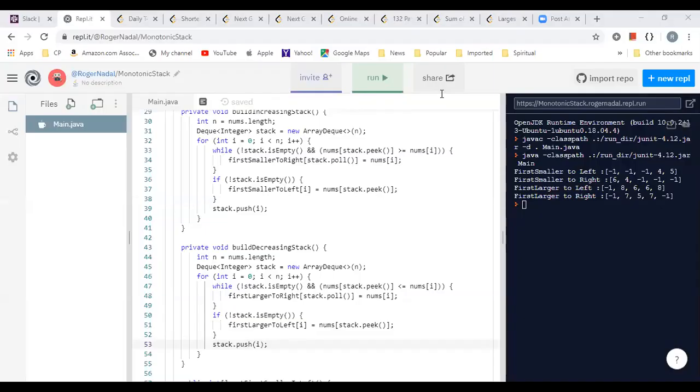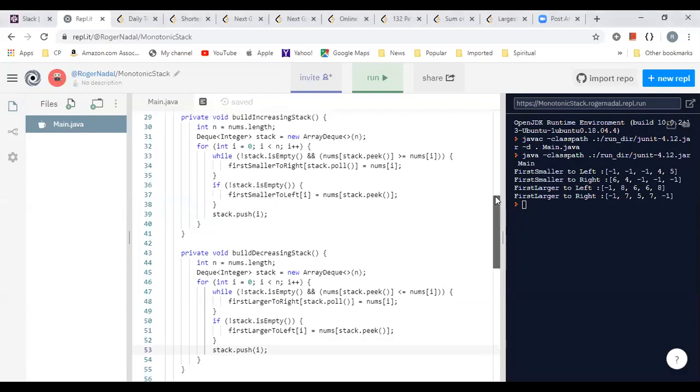I have a question. Can you go to the code? Can you share your screen? So line number 29, where we are building the increasing stack.